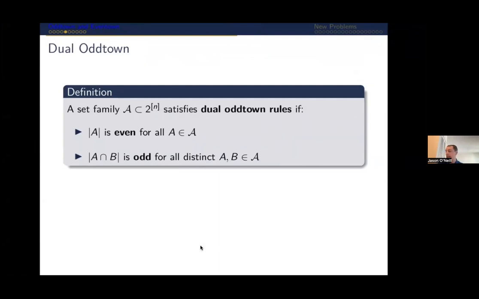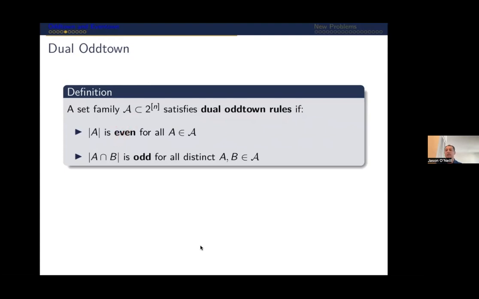If I take a dual oddtown family and I take an extra auxiliary element, let's just say n plus 1, and I throw in n plus 1 to every set, that's going to change the cardinality of my sets from being even to odd.